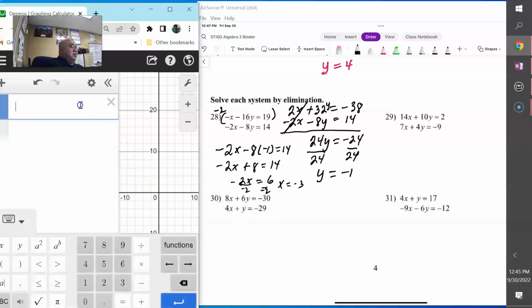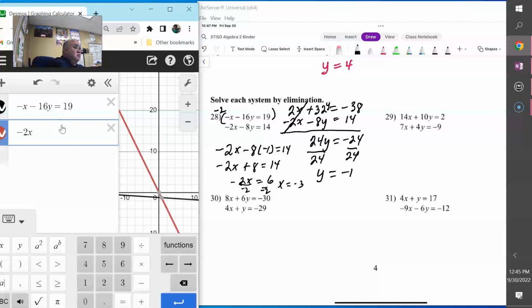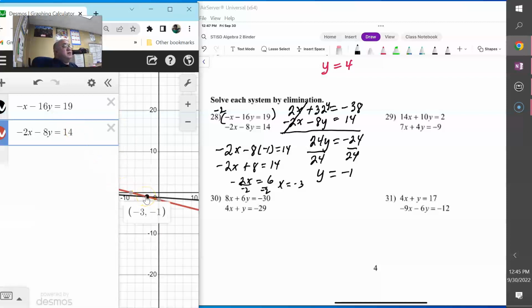You can type it in the way it is, negative x minus 16y equals 19. Made a mistake, 19. And then you have negative 2x minus 8y equals 14. And there's our answer, negative 3, negative 1.